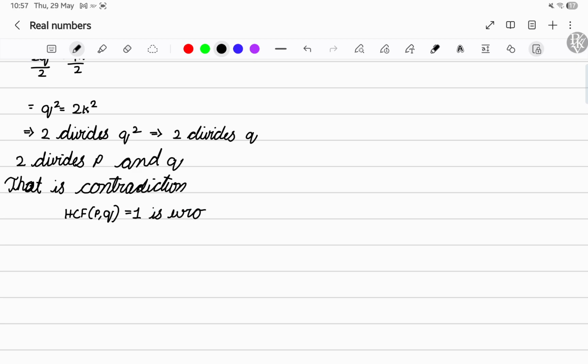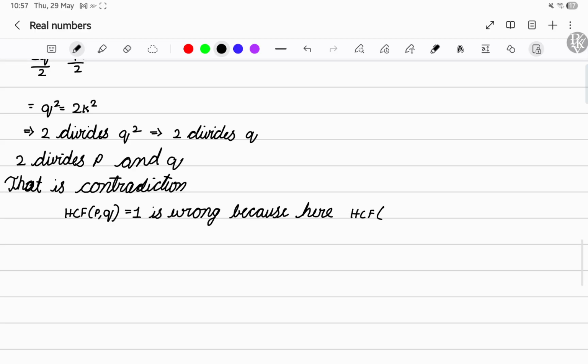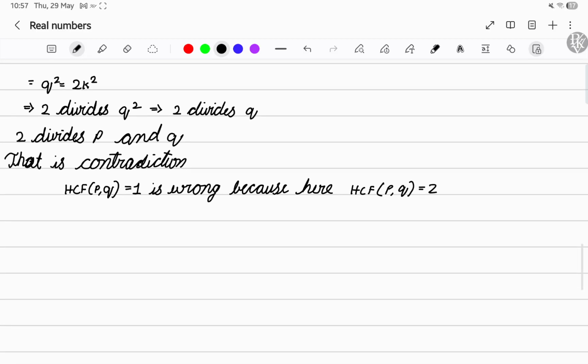So the HCF of P and Q being 1 is wrong, because here HCF of P and Q is equal to 2. Okay, so we say that our original assumption, what was our original assumption?